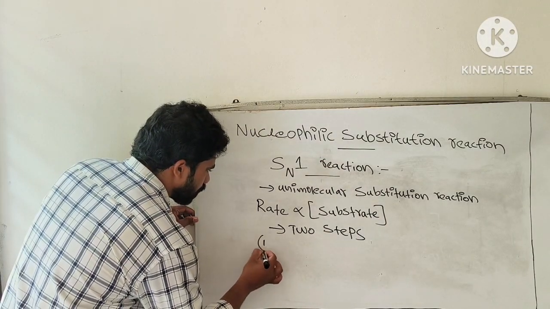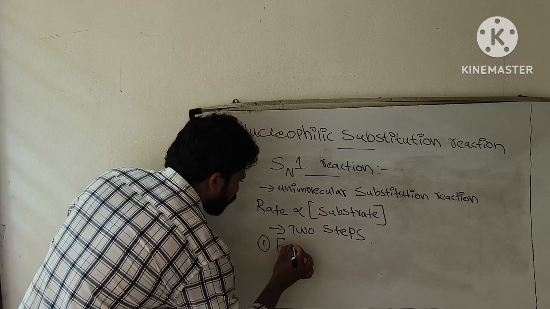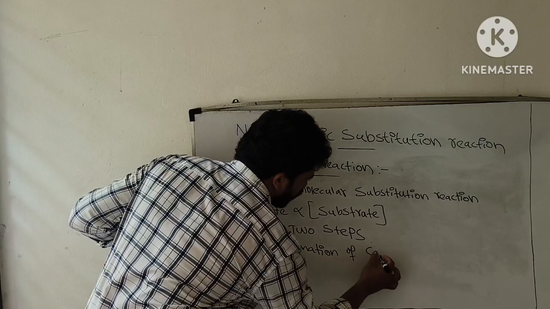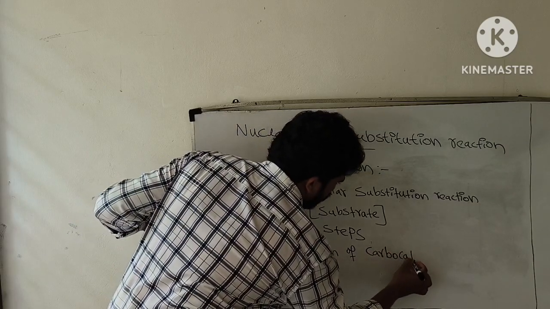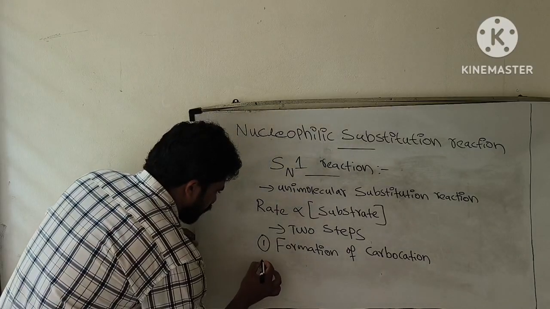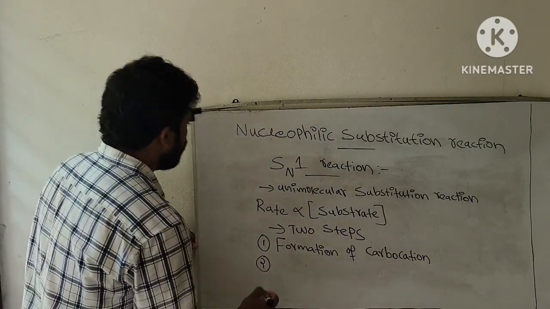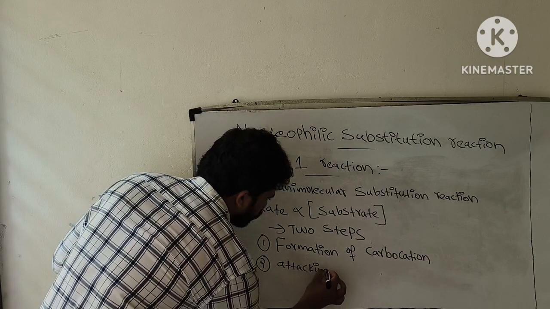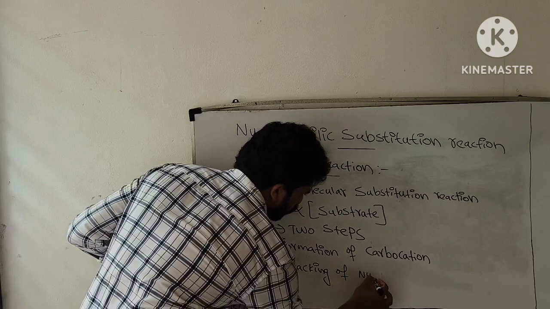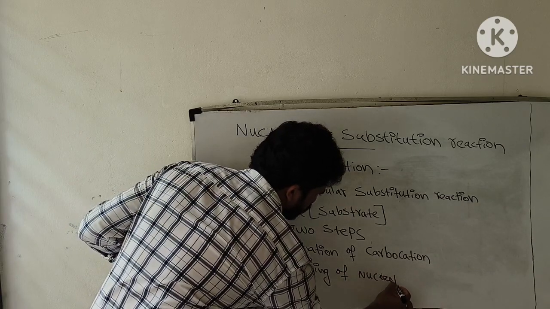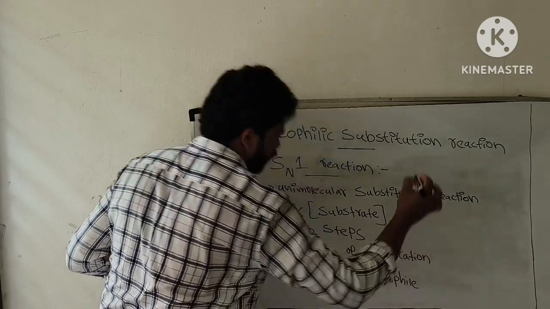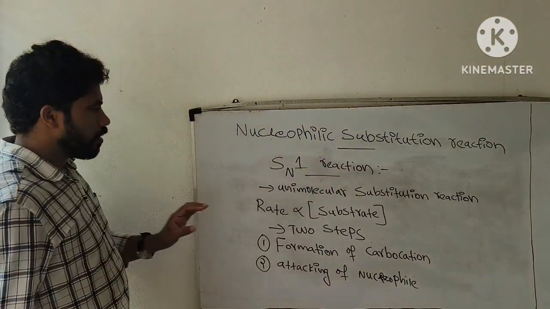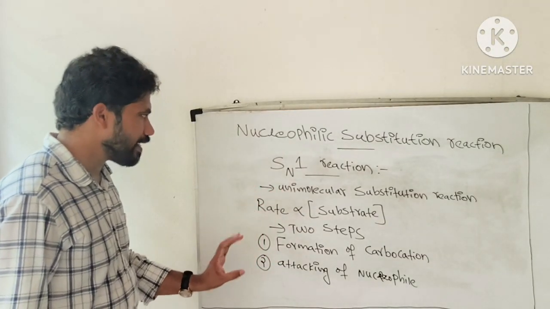The first step is formation of carbocation. And the second step is attacking of nucleophile. So these are the two steps of the SN1 reaction.